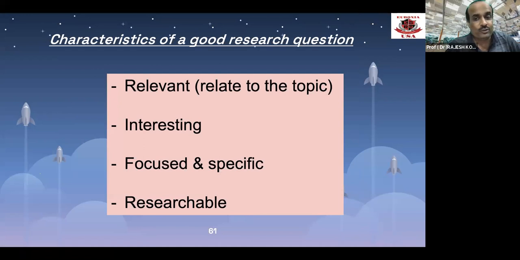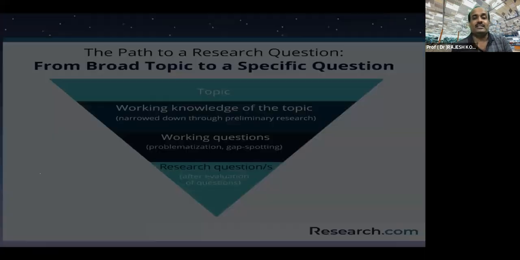If it is not relevant, then you will end up somewhere else. It must be interesting, giving you curiosity to find out what is there. It is focused, specific and researchable. Always keep it in mind: RIFR, relevant, interesting, focused, and researchable.